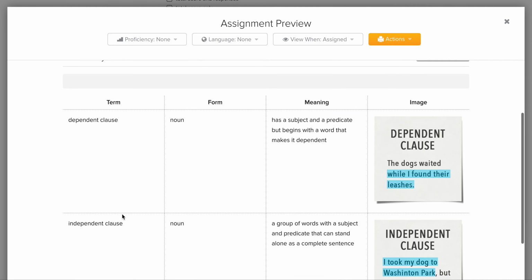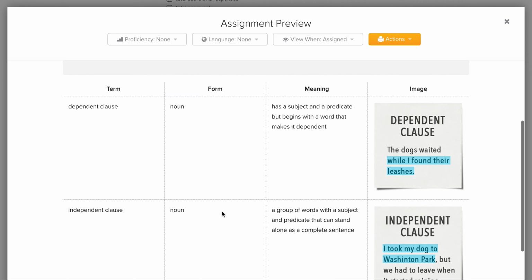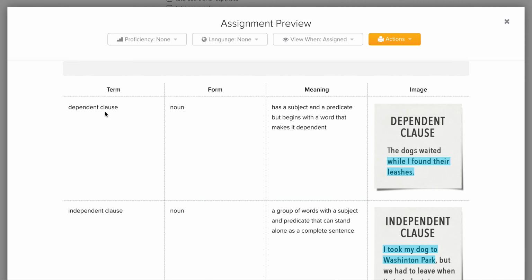So the vocabulary is not a drag and drop activity, it's just a chart for you to read, but let's go ahead and go through this. So a dependent clause is a group of words that has a subject and a predicate but begins with a word that makes it dependent. If you forget what this stuff means, a subject of a sentence is who or what the sentence is about.